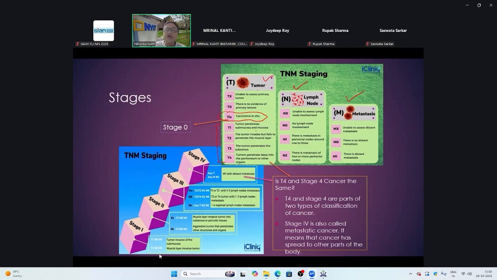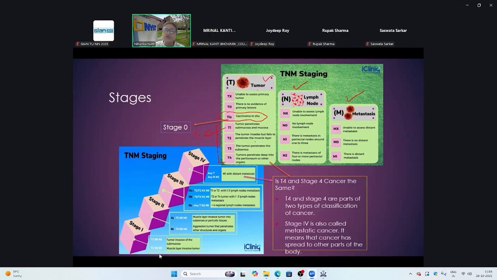If it has penetrated the submucosa and mucosa and is about to go to, let's say, the muscle, that is called T1.